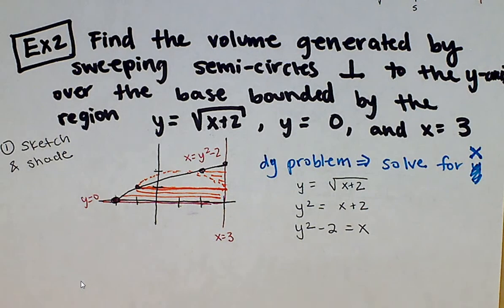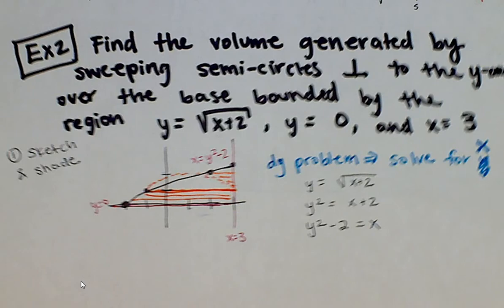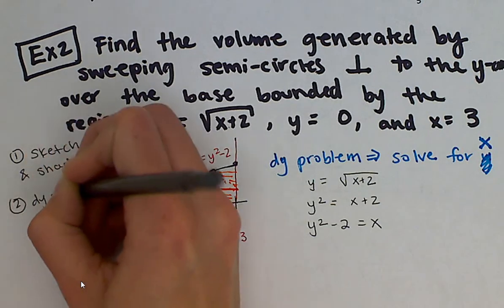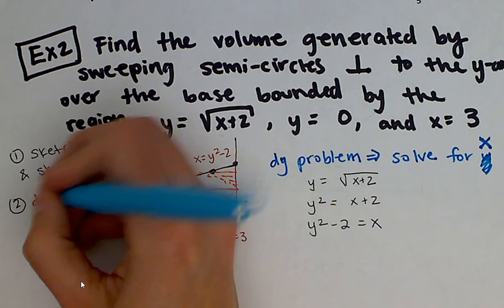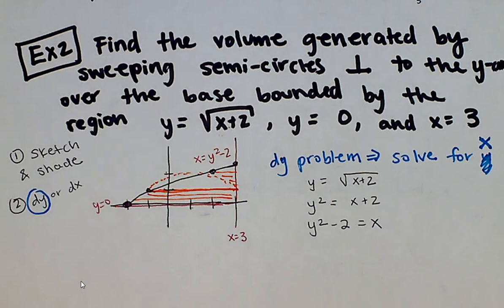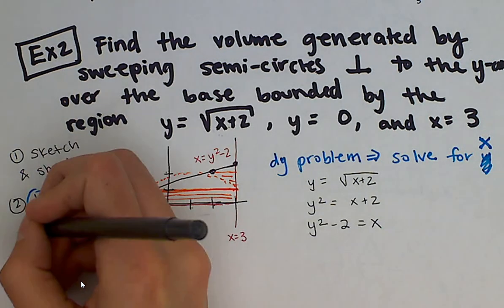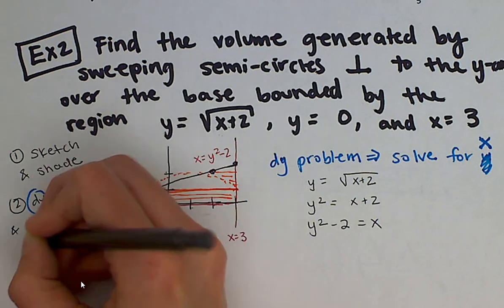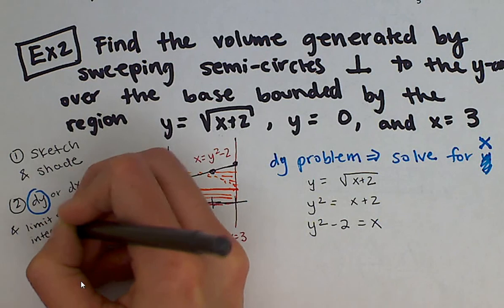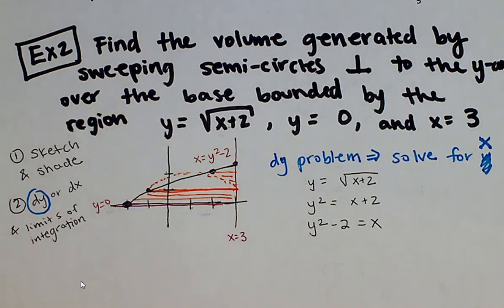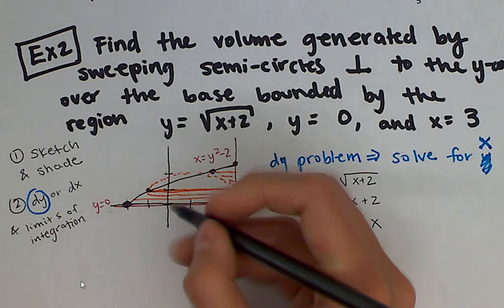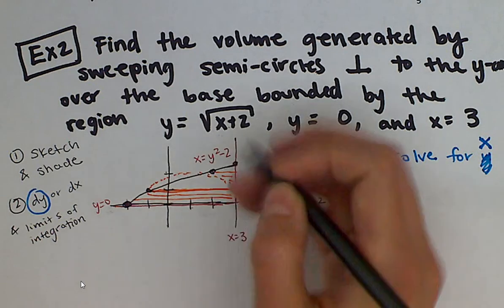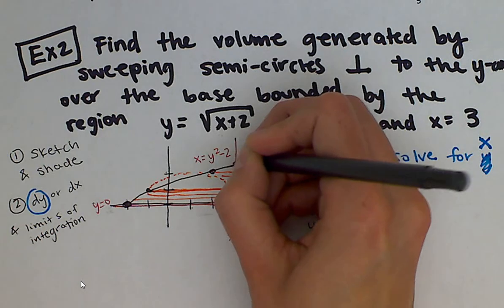So I just did step 2. I figured out, is it a dy or dx? And it is a dy. And that also means I need my limits of integration. I'm going to end up integrating between 0, and then remember my top point was this point here at 3, square root of 5.